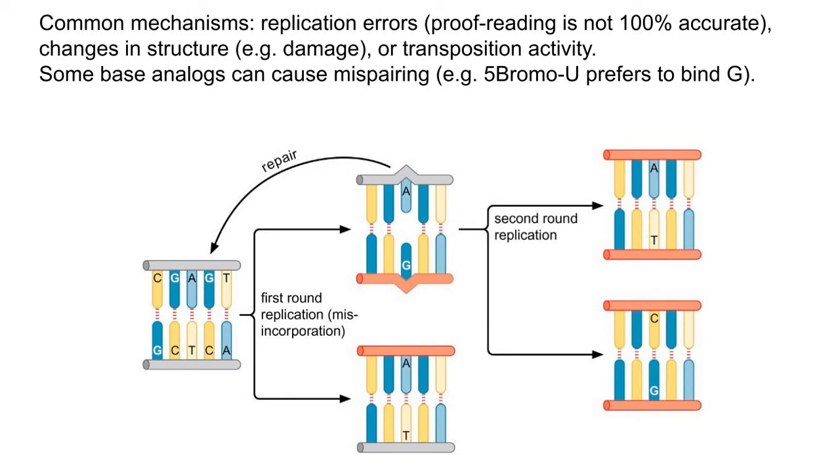Some base analogs can also cause mispairing. For example, bromodeoxyuridine prefers to bind a G instead of an A.